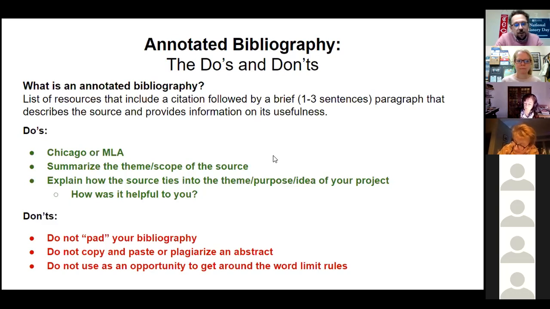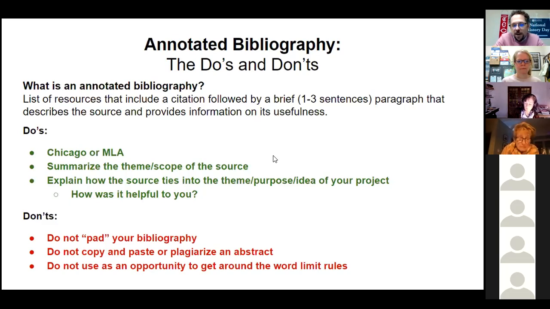Typically Chicago is what historians use, but we also know that not all students are going to need to learn Chicago at some point. So we know that MLA is important for students to learn, and it is sometimes a requirement in some school districts that they learn MLA. So this could be used as a way to do that.